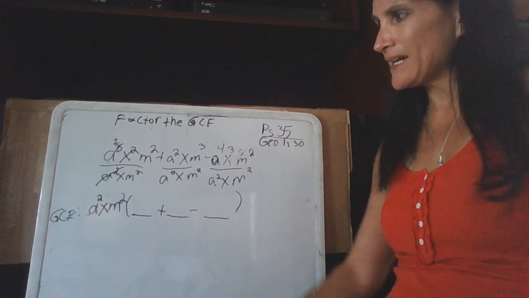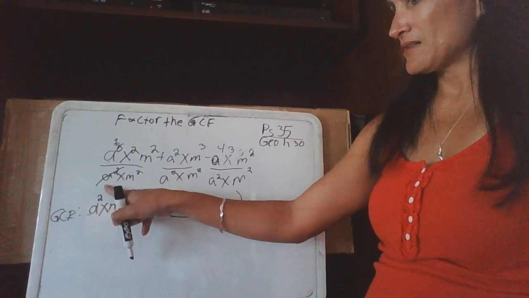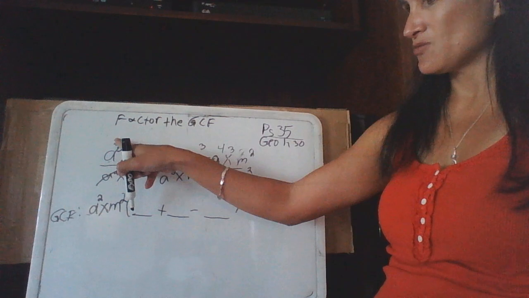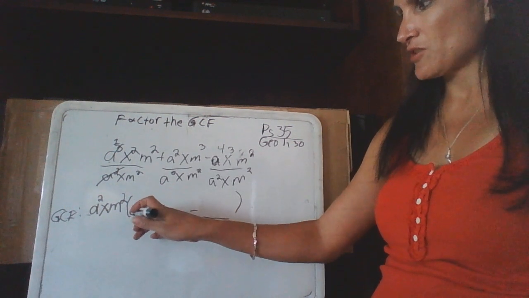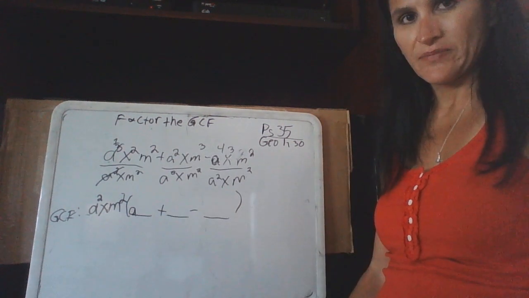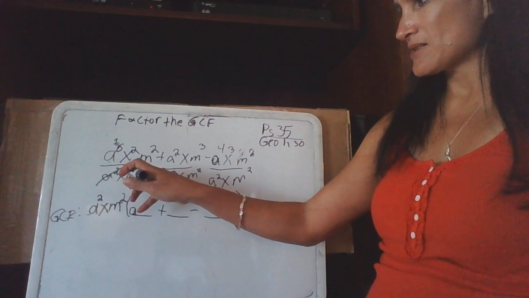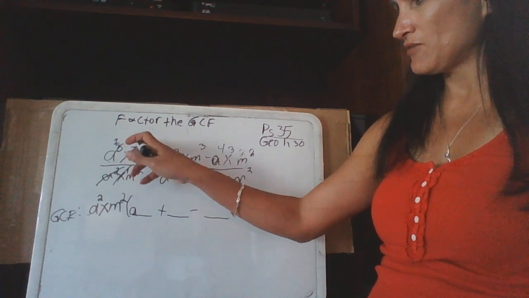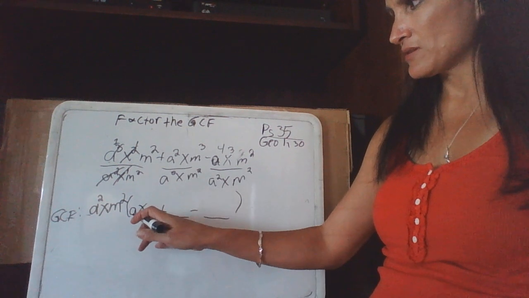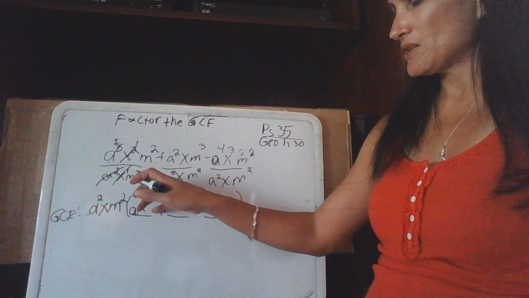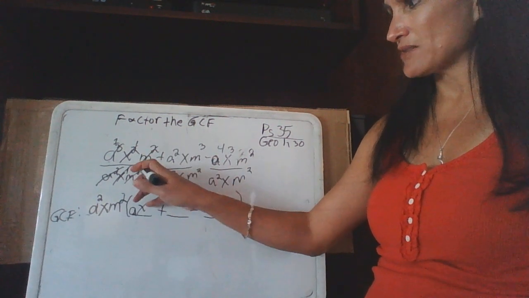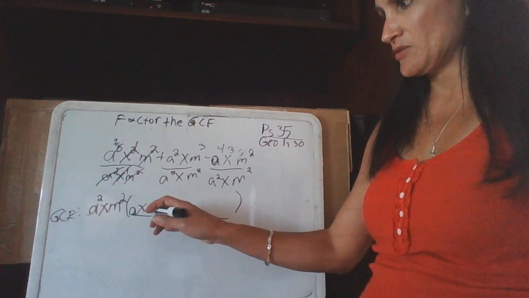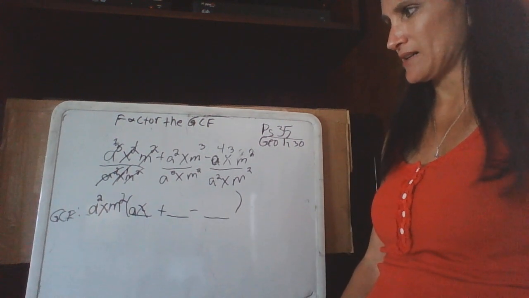I'm going to then say, okay, I canceled my a's on the bottom because there's 2 here, but there's still 1 left there. So in the first term, I have to write what's left. I'm going to do that with each letter. This is 1. So this one cancels, but I still have 1 left. So that goes here. And then these 2 and 2 cancel out completely. That would be m to the 0 power, which we know is 1. So we don't need to write that down. So that would just be ax.